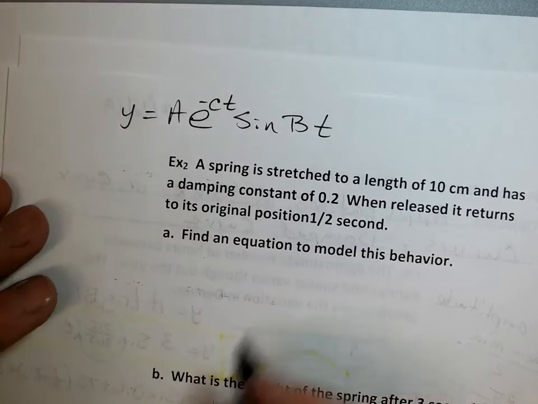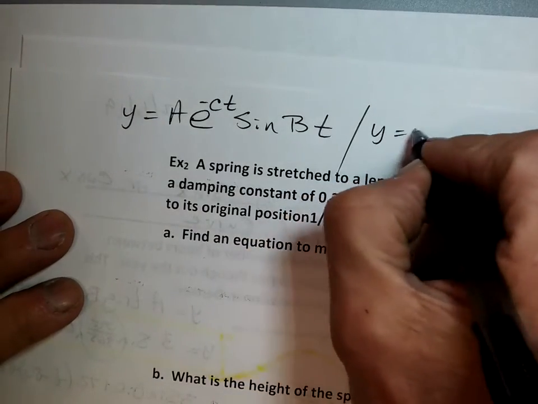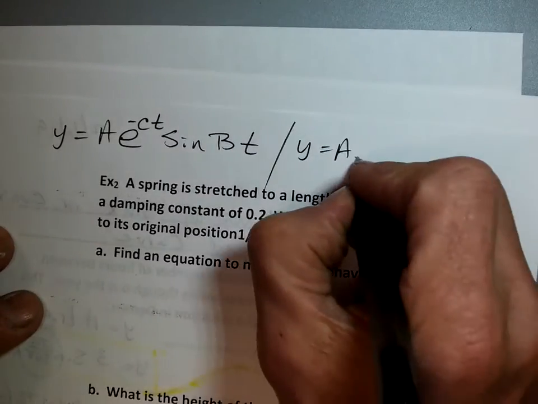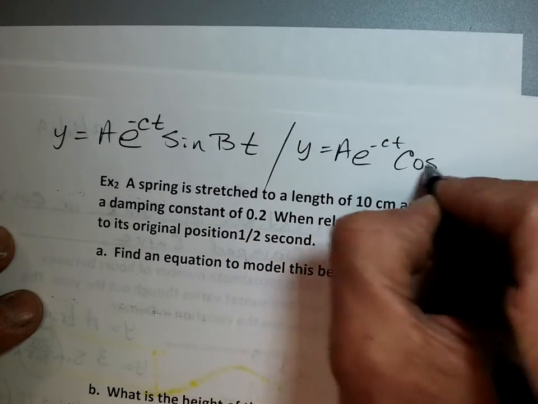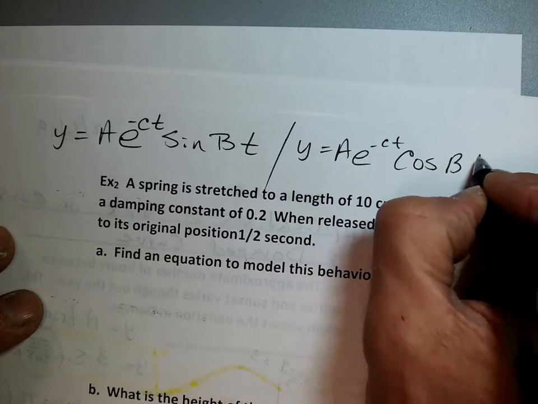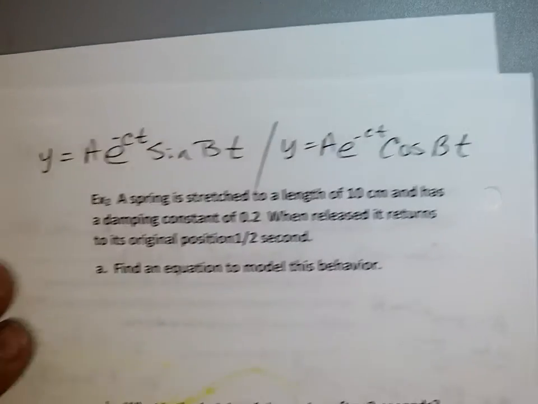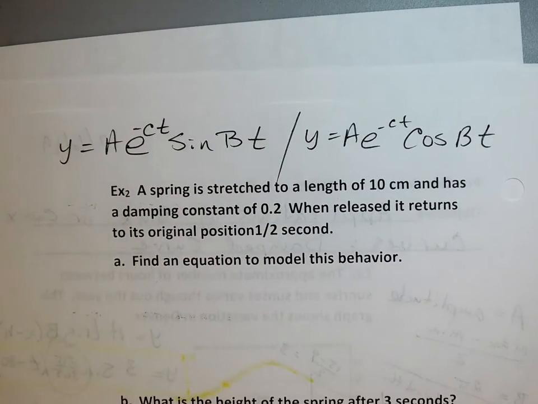Or y is equal to A e to the negative CT cosine of BT. All right, write those two formulas down, please. I'll check on my formula while you guys are writing that down. Yep, I'm right.